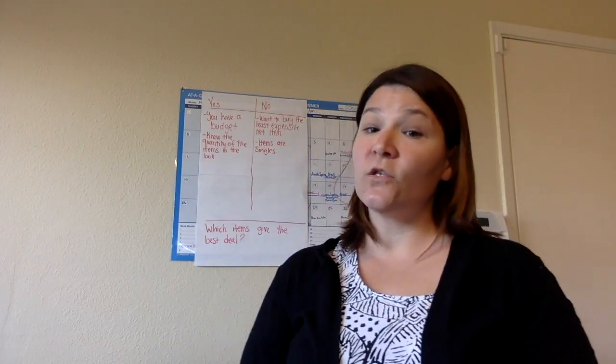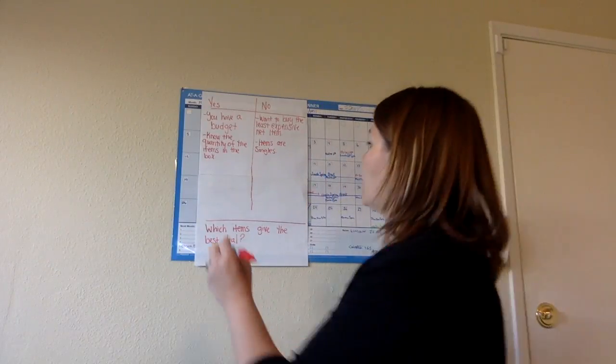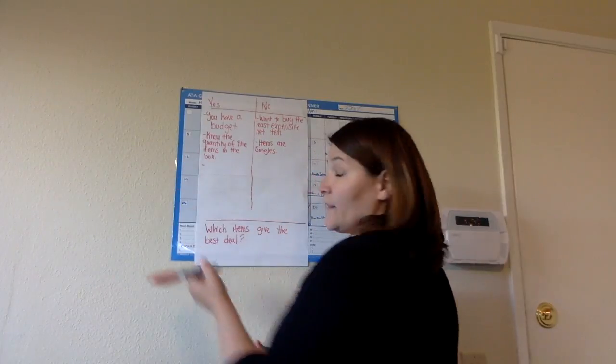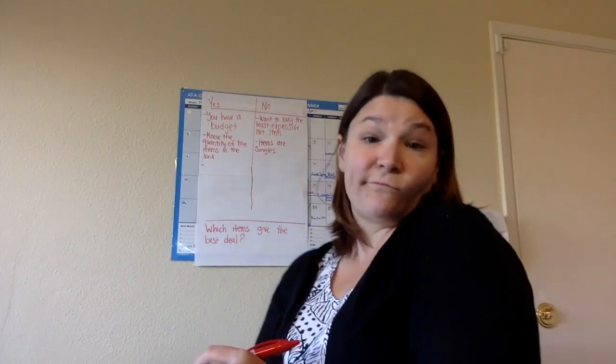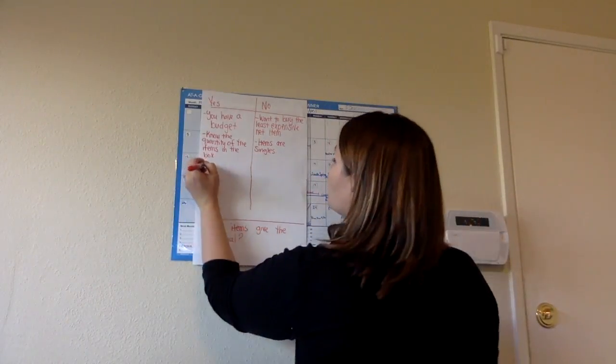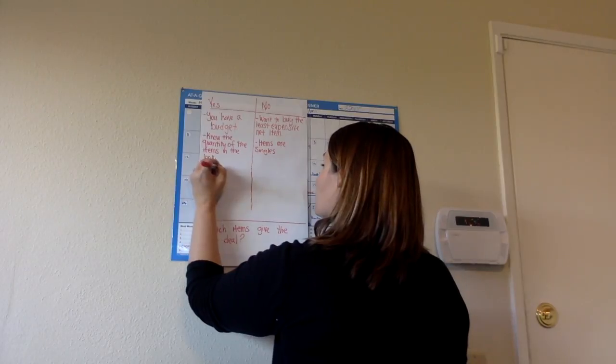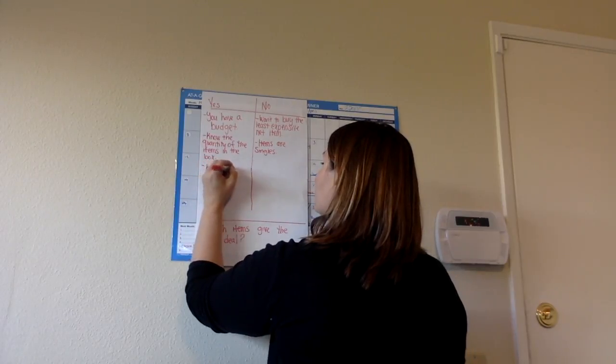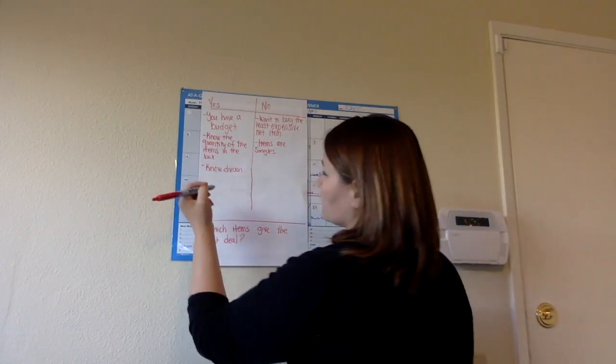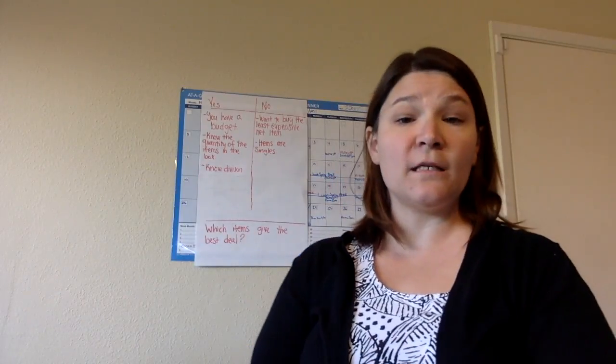Oh, you might need to do some division. That's right. So in order to find the best deal or the unit price, you're going to need to know some division. Okay, that's a good skill you might need to know.